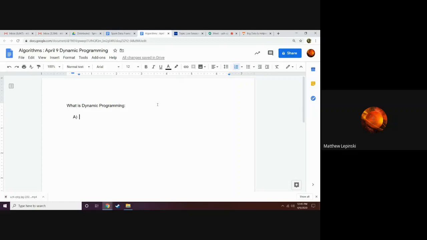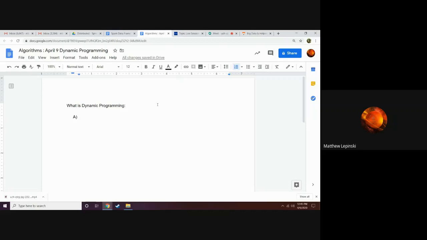In particular, we've been talking earlier this week about greedy algorithms, and we're going to talk in the future about divide and conquer algorithms, although we've talked a little bit about that in the context of sorting. So today I wanted to introduce another paradigm, which is dynamic programming.